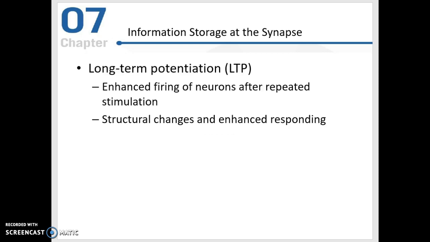And that is called long-term potentiation, LTP. So that means that there is enhanced firing of neurons after repeated stimulation. And by stimulation, we also mean retrieval of that particular memory in this case. And it is a structural change.